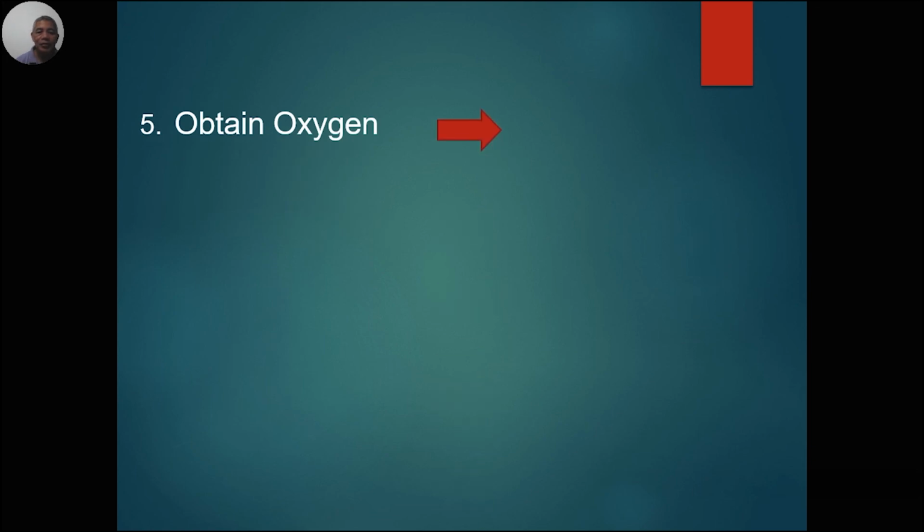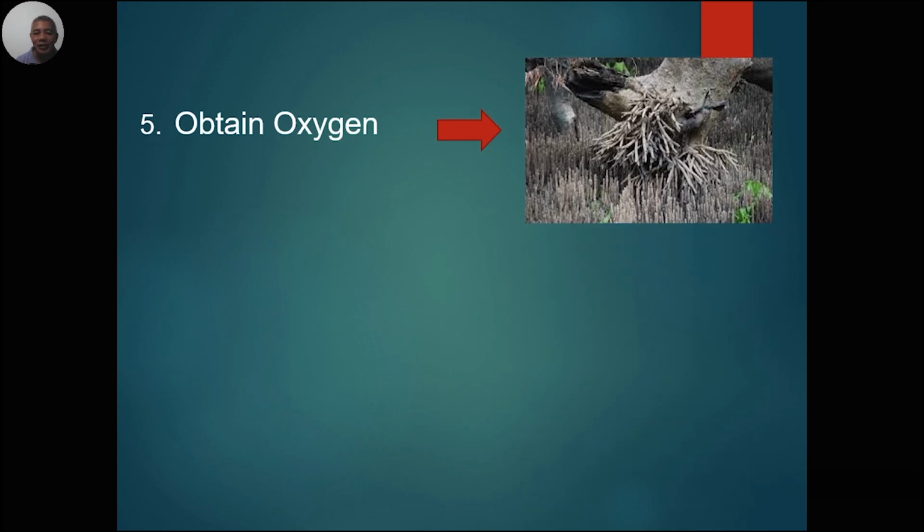Next is obtaining oxygen. There are instances where trees from marsh areas or even mangrove areas have roots above the ground.